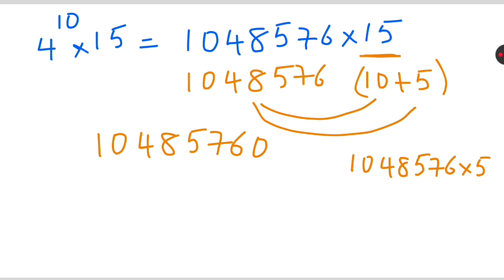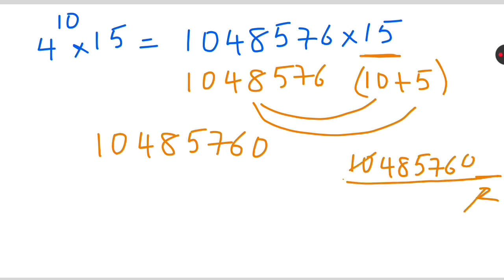Here, instead of 5 we can write 10 divided by 2, which is the same as 5. So first you have to do times 10. After doing times 10, you will get 104855760. Now you have to divide by 2.